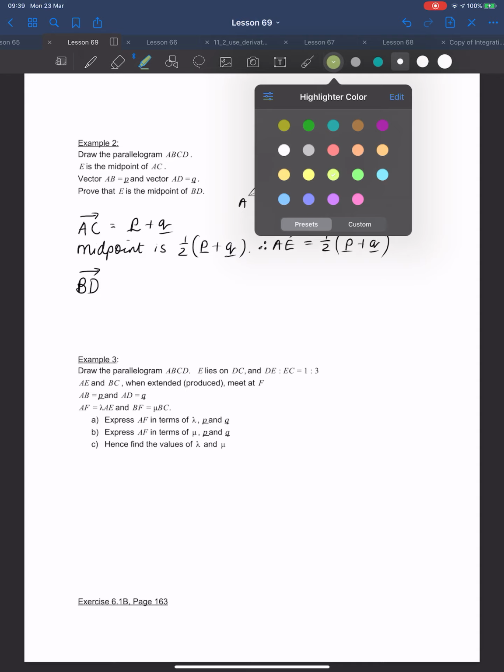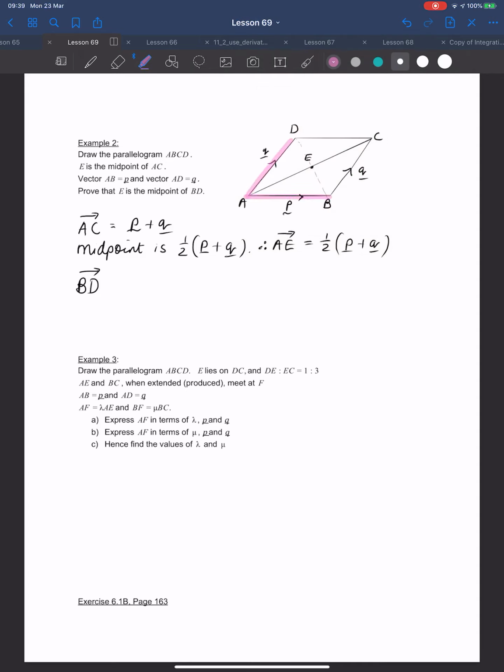To get from B to D, we've got to go back along there and up that way, so B to D is minus P plus Q. I'm just trying to think of the most efficient way, and it's most efficient just to carry on now.